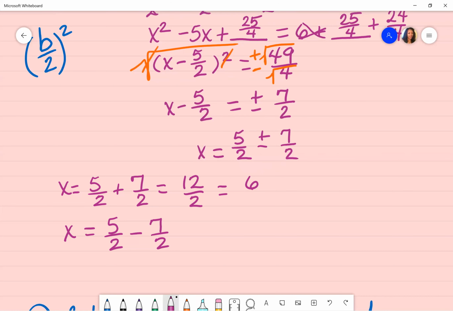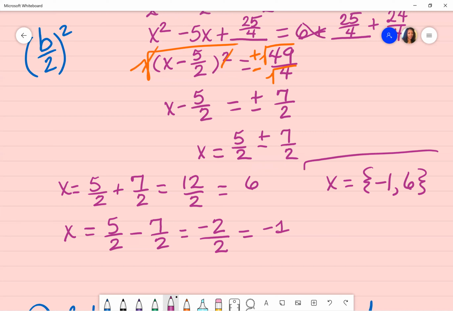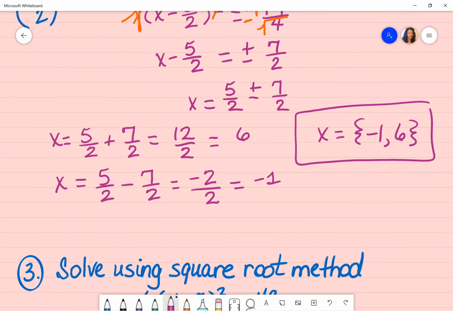And now I have 5 minus 7, which is -2, all divided by 2. I can simplify that. -2 divided by 2 is simply -1. So my answer in this example is x is equal to the set of -1 and 6. That's by completing the square.